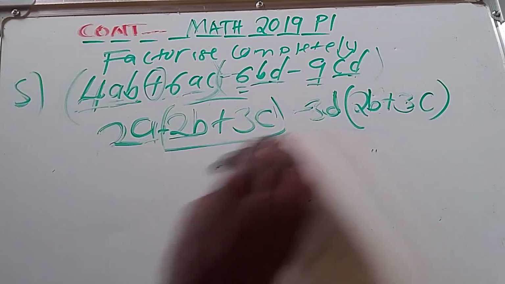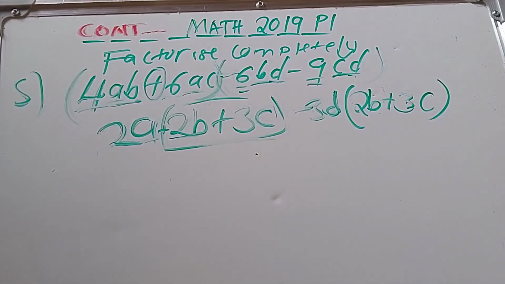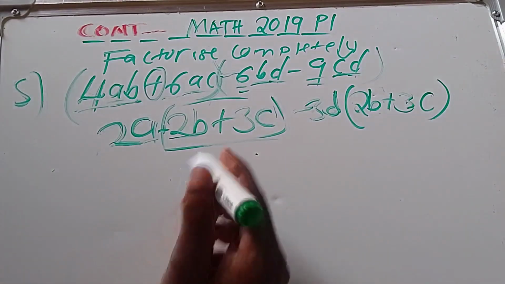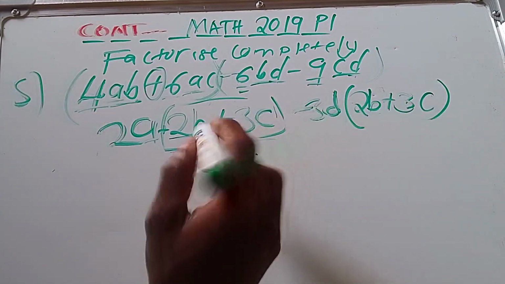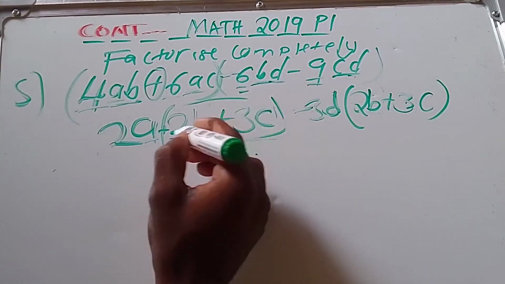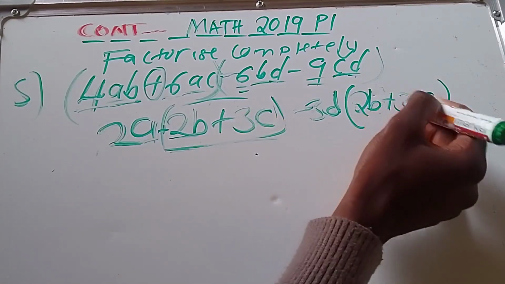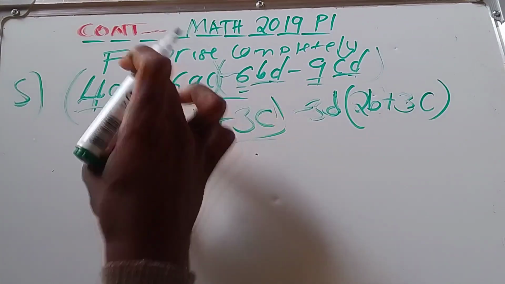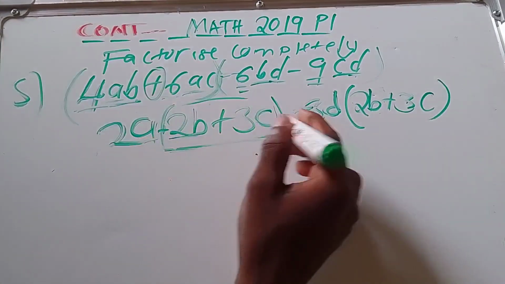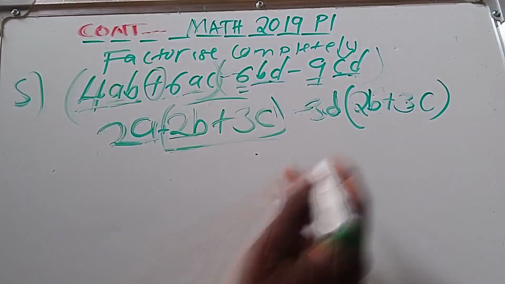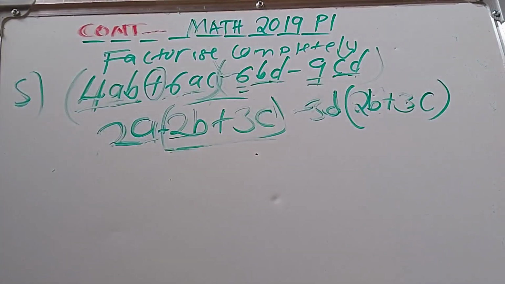So for you to be sure that you have actually factorized this question, you need to consider if this one is the same as this one. Like in our case, we have positive 2b plus 3c, and even here we have 2b plus 3c. For us to be sure, you can multiply this, it is going to give you this first part. You can also multiply this, it is going to give you this second part. So how are we going to conclude?